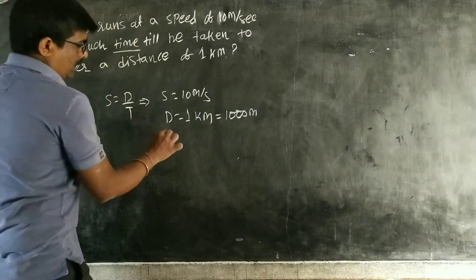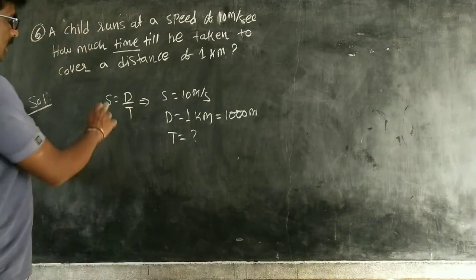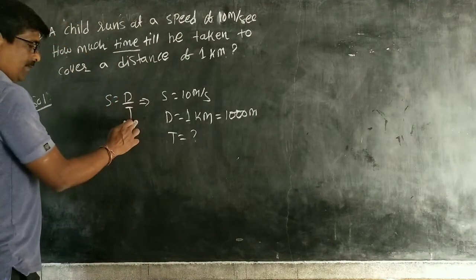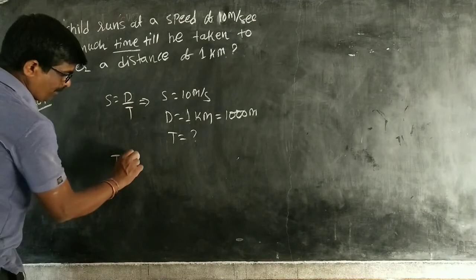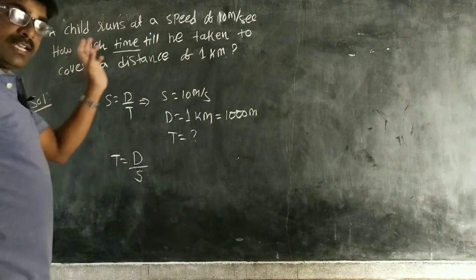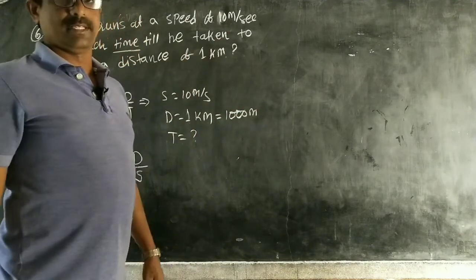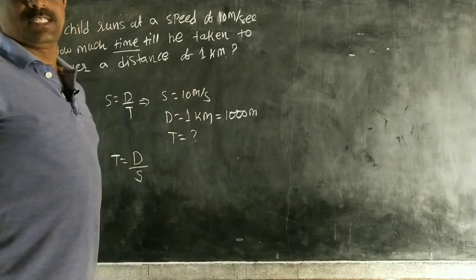How much is time t? What is your formula? Speed is equal to distance by time, or time t is equal to distance by speed. All are in the same units: this is meters per second, and this is also in meters. So we can proceed.